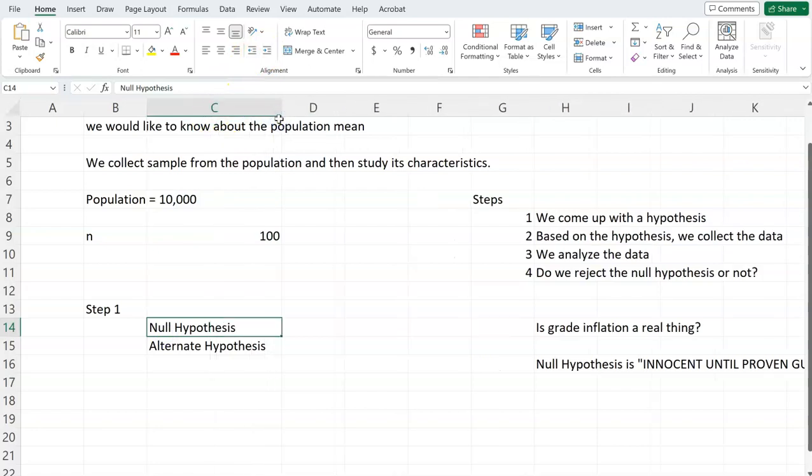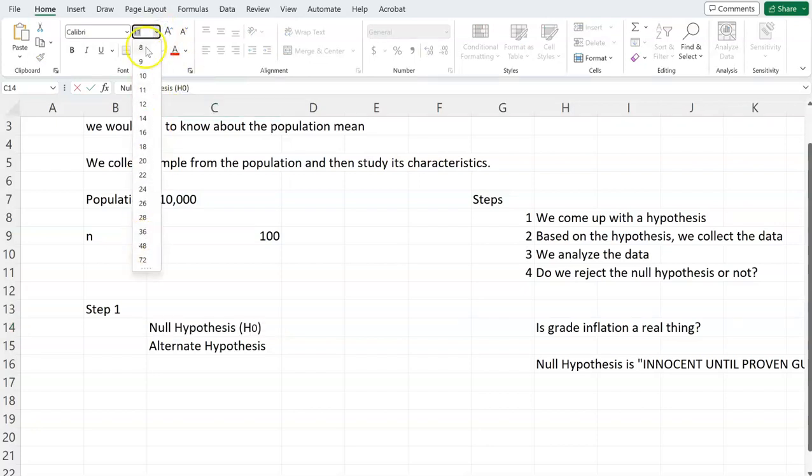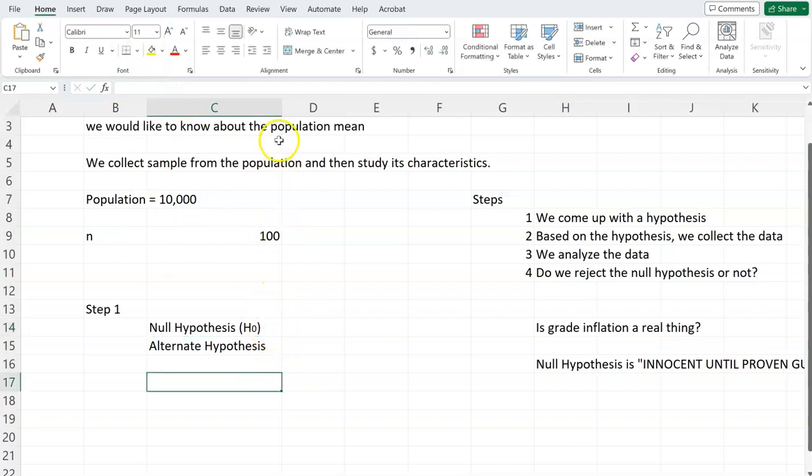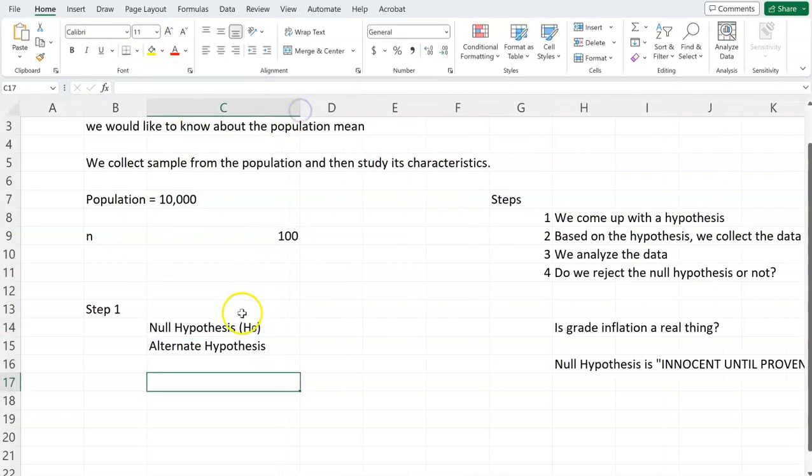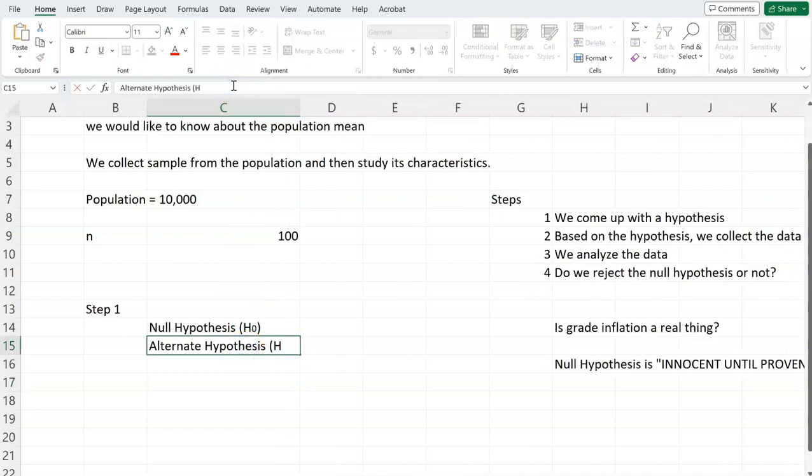Now, in some places we also write the null hypothesis as H0, and the 0 is sometimes written as a subscript. The alternate hypothesis is sometimes written as H1. So we write it as H1.